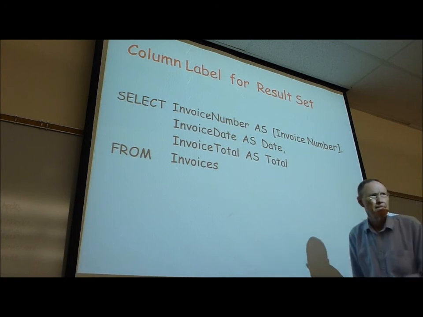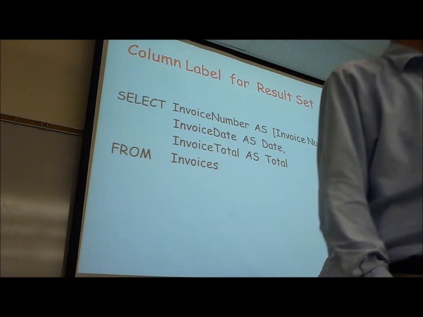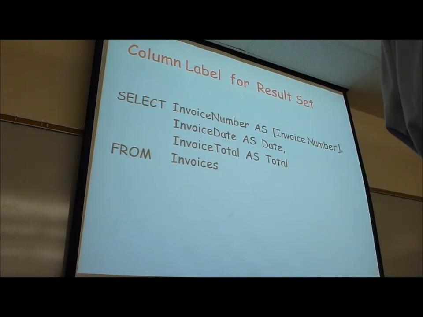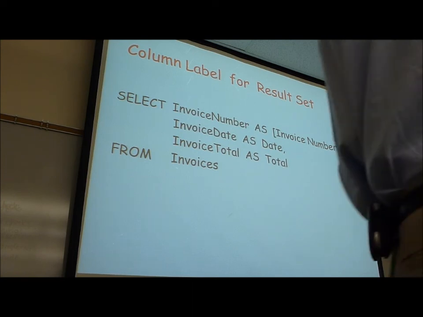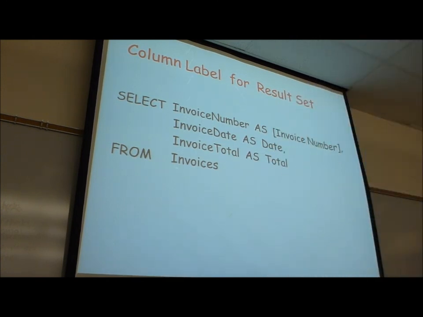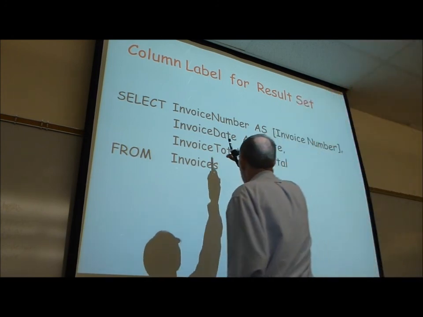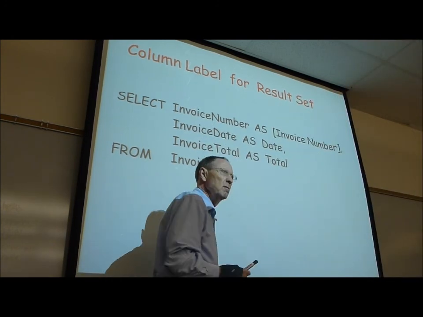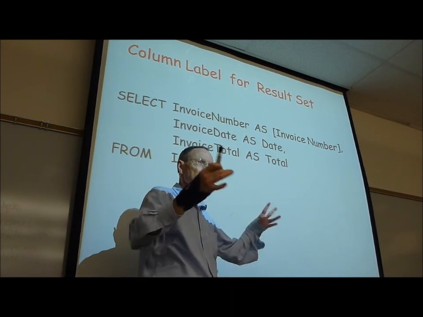Okay, so the space between AS and then invoice. Yeah, you have to have a space because that serves as a delimiter. Maybe I misunderstood your question, because I see a space after AS. Right, date. But there's also a space in invoice number. Right, because what I did here, the column name doesn't have any space there, but I like to have a space in there.